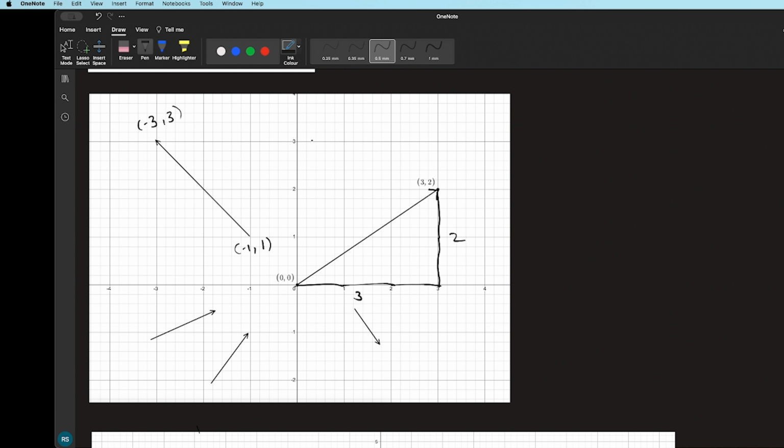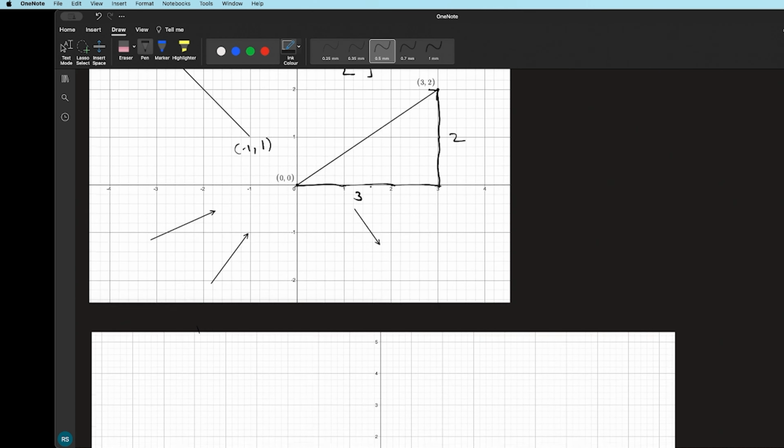The vector is always represented by v with an arrow symbol above it, and we always write a vector in a square box: 3, 2. This vector represents the x component and the y component, where 3 is the x component and 2 is the y component, and this vector is called a 2D vector. Why is it called a 2D vector? Because it is in the 2D coordinate space.